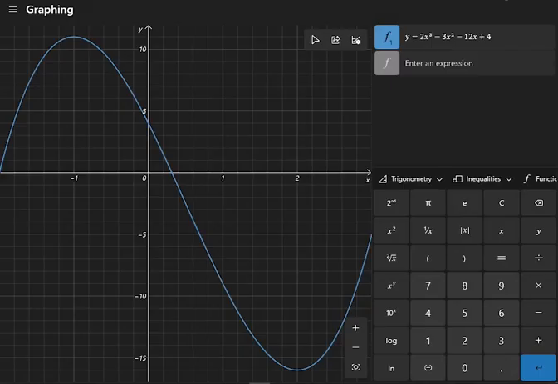Right, so here on screen we have the graph of y is equal to 2x to the power 3 minus 3x squared minus 12x plus 4. This is the function we were working with. And remember how I sketched it? It looked something like this, right? Now we're going to go to the point -1 and see the number that's there.